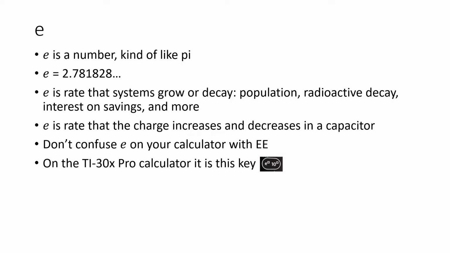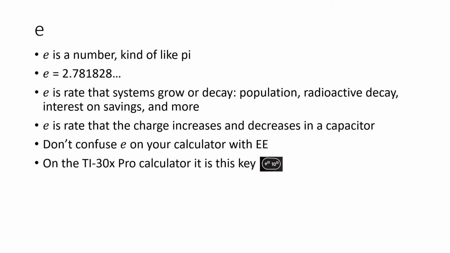Now, e, Euler's number, is just a number kind of like pi. e equals 2.7182818284. And e describes the rate at which things change in nature.